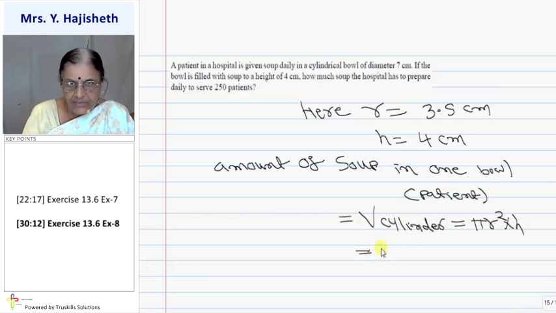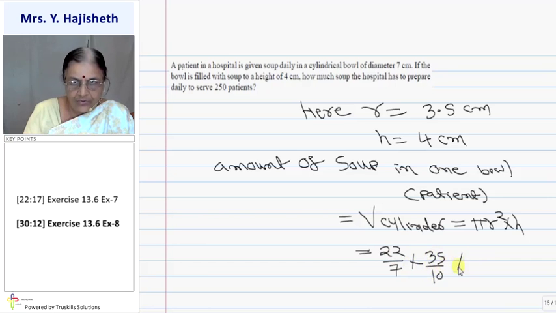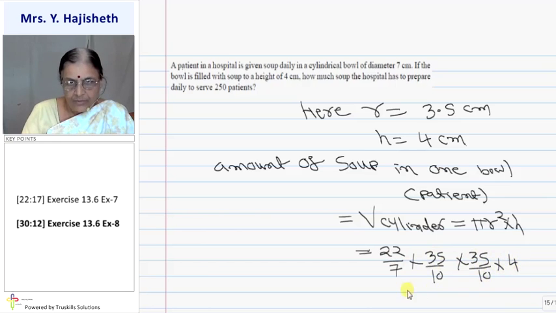So it is 22 by 7 into 35 by 10 into 35 by 10 into 4. So if you calculate, it will come 154 centimeter cube.